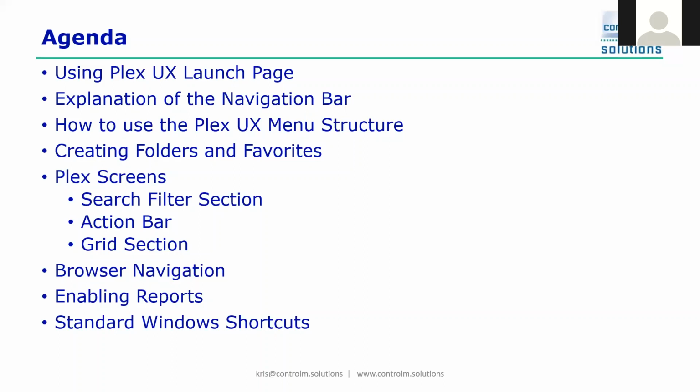So I want to show you how the filtering section works, and show you a little button that some people might not realize is there, as well as the action bar, explain that to you, and explain the grid section, as well as we're going to show you the browser navigation. This is something new to UX versus Classic, and then show you the cool feature on how to enable the reports within Plex UX. And then we'll finish up with the standard Windows shortcuts.